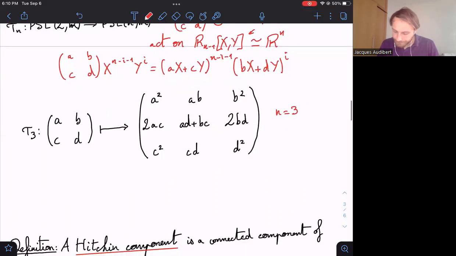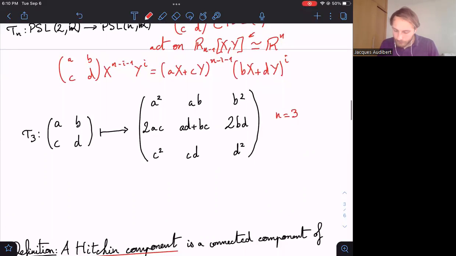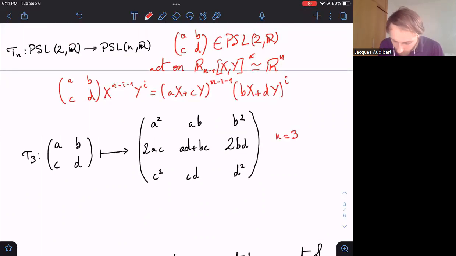but not in this part. Okay, so there is a nice thing you can do. You can take J in Teichmüller space.